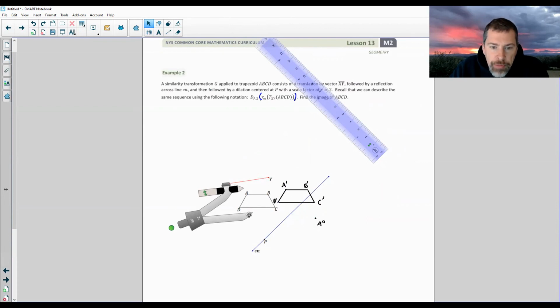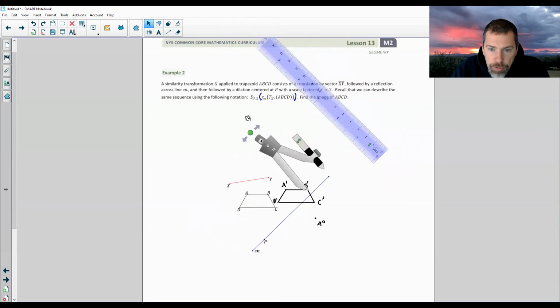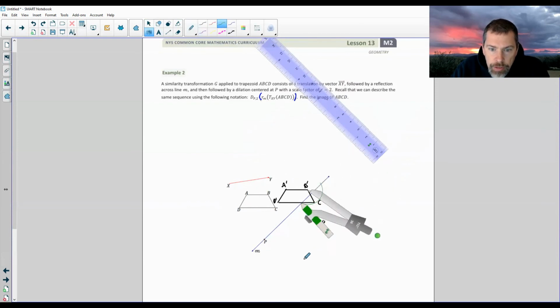Okay, so then I'm going to take my compass, I'm going to put it at B prime. Rotate it around, shorten it up. Let's make it green again. Draw an arc so that it intersects at two places on that line. Put your compass at the first point of intersection. And if you don't change your compass, you're at radius B prime.